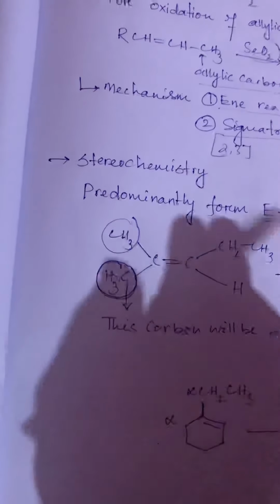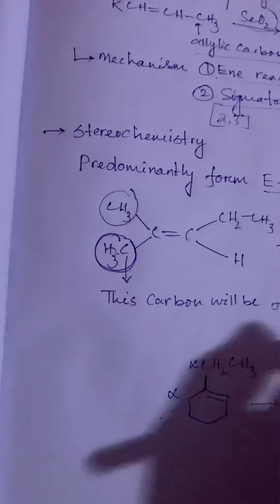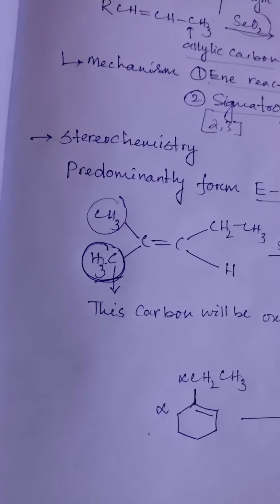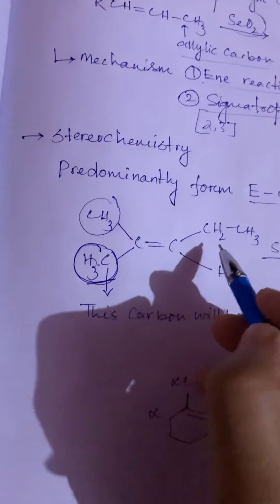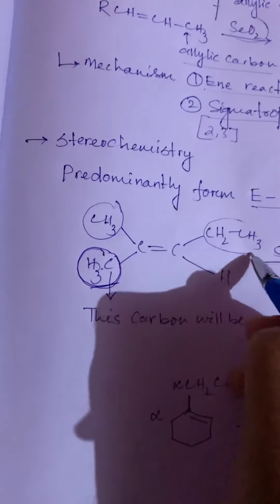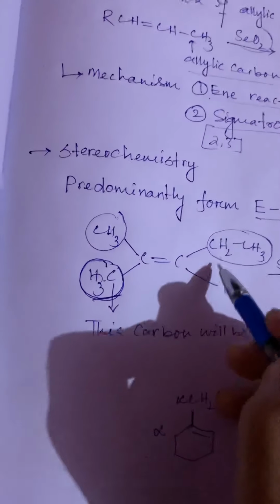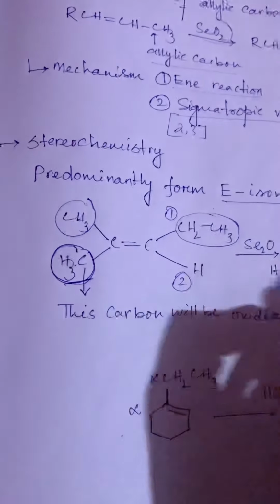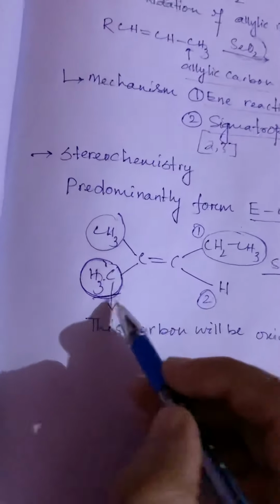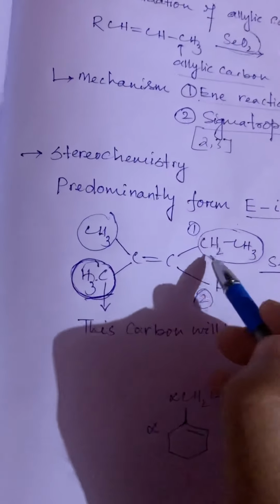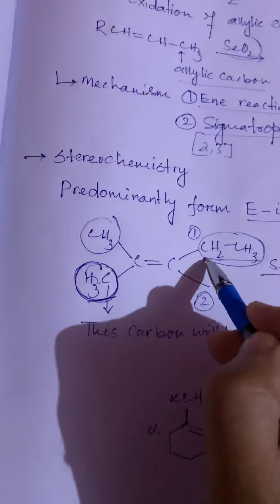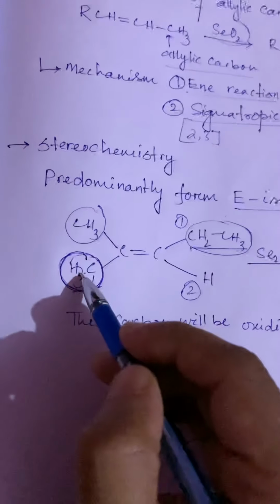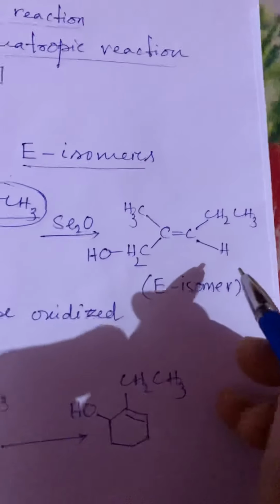Any of these could be oxidized, but predominantly this carbon will be oxidized because, as you can see, on this side this is our first priority group and this is our second priority group. This carbon is trans to this ethyl group. Hence, if this is oxidized, then we are going to get this product.